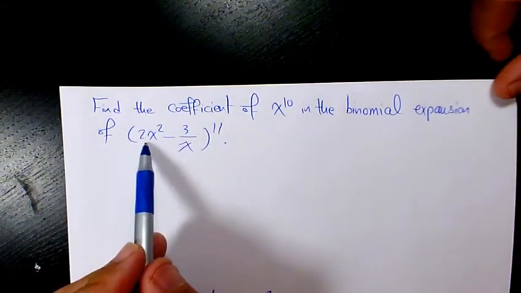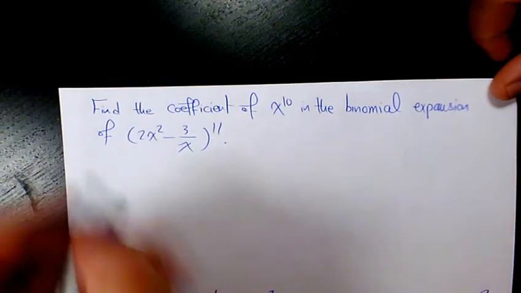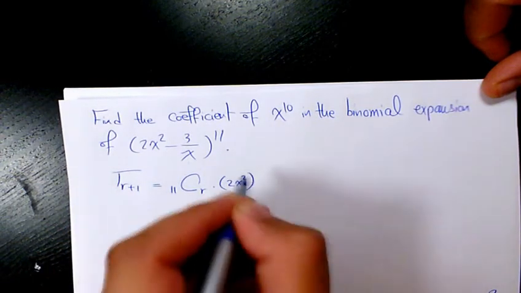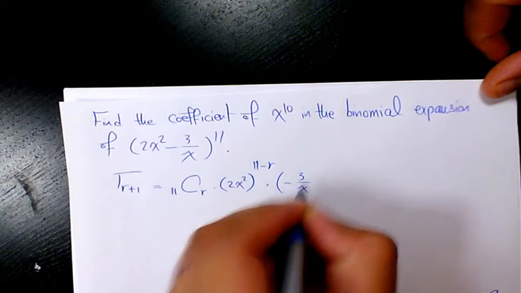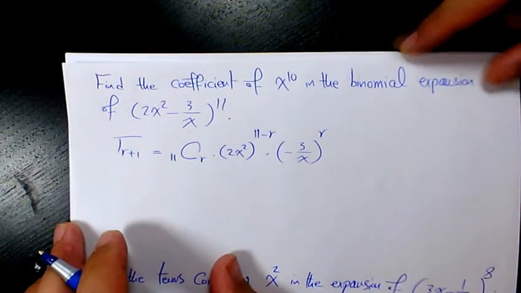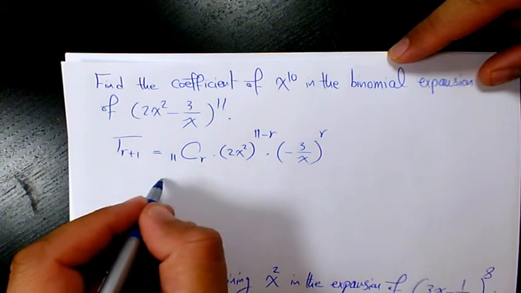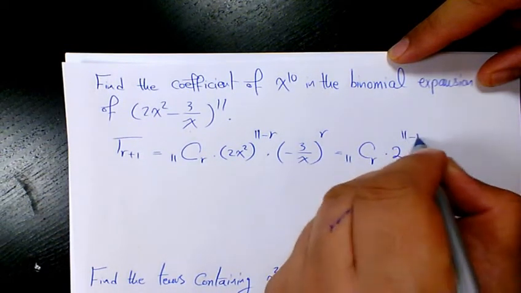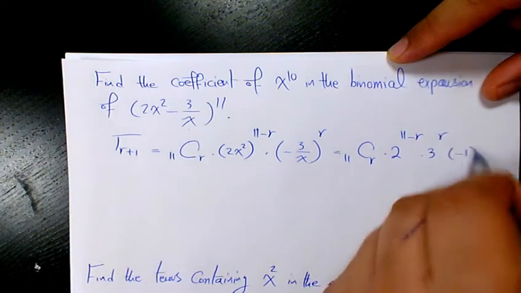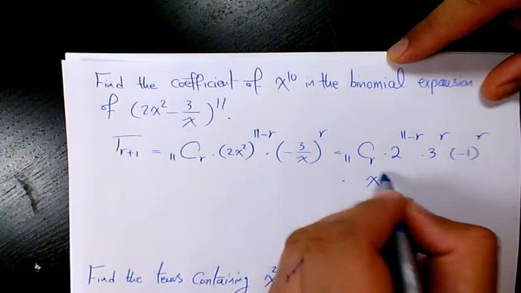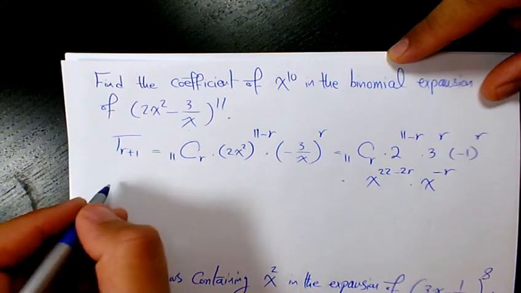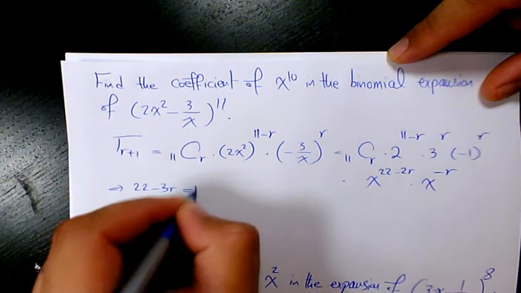Now this one says find the coefficient of x to the power of 10 in the binomial expansion of (2x squared minus 3 over x)^11. So T(r+1) is 11Cr (2x squared)^(11−r) (−3/x)^r. That's 11Cr 2^(11−r) 3^r (−1)^r x^(22−2r) x^(−r), which means that 22 minus 3r is supposed to be equal to 10.